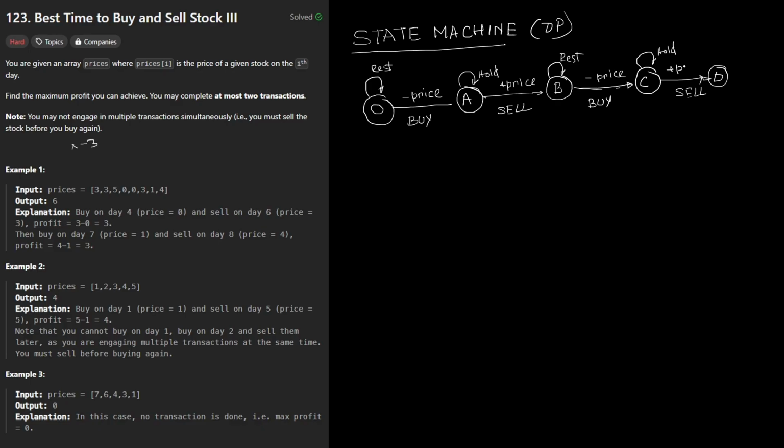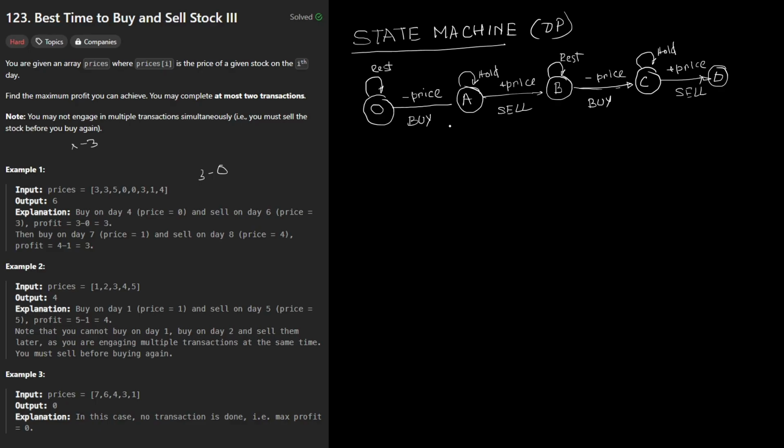And whenever I'm selling it, I am getting a profit. Let's say on day 4, at price 0, I purchased it and sell it on day 6 at 3. So my total profit would be 3 minus 0. Because it said that 2 transactions happen, we have 4 states.